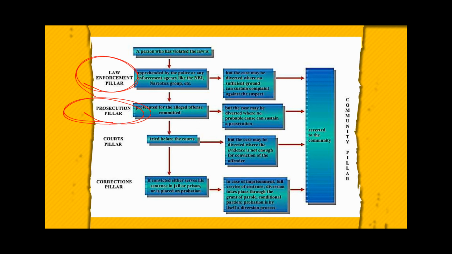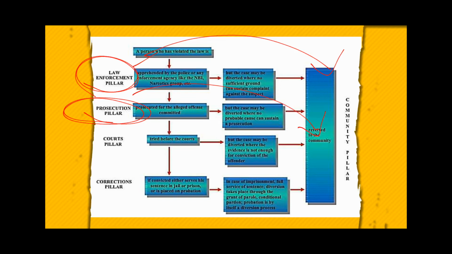Again, for the law enforcement pillar, if the evidence is not sufficient, then we can already end it there and revert them back to the community. If in the prosecution there's no probable cause that could continue hearing during the arraignment, then mare-revert siya back to the community.